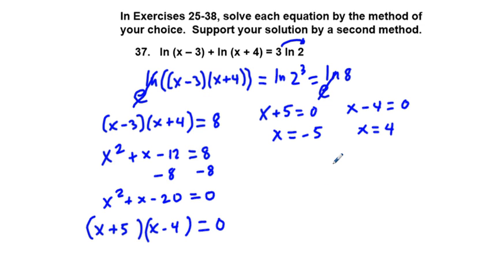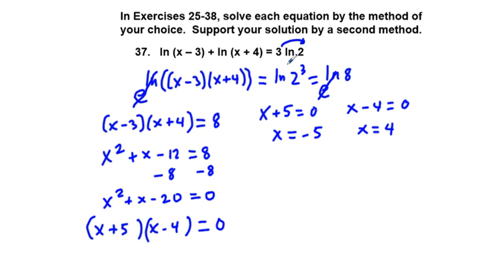And if we go back to our original equation and plug in negative 5, the first thing we're going to have is the natural logarithm of negative 5 minus 3, the natural logarithm of negative 8. And on this other one, we would have negative 5 plus 4, the natural logarithm of negative 1.